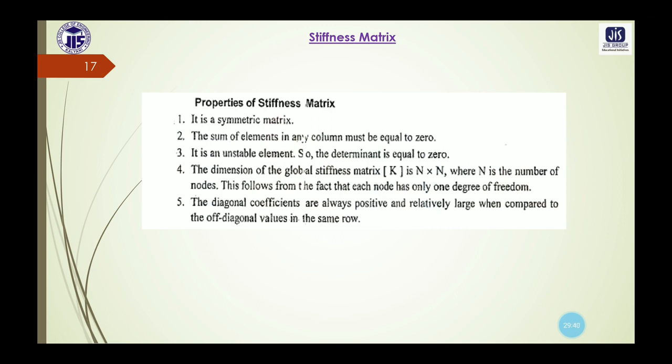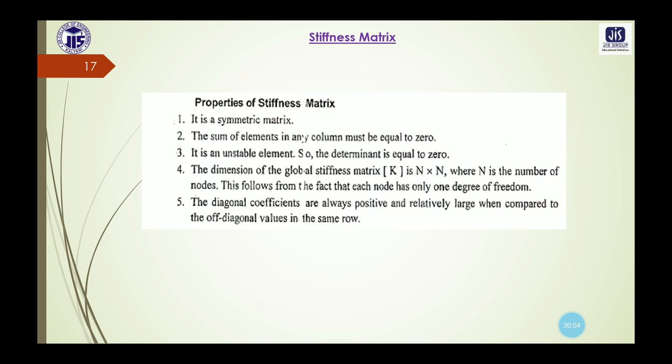Now there are different properties of the stiffness matrix, like we have seen for the shape function. The stiffness matrix K is a symmetric matrix, then the sum of elements in any column must be equal to 0. It is an unstable element, so the determinant is equal to 0.